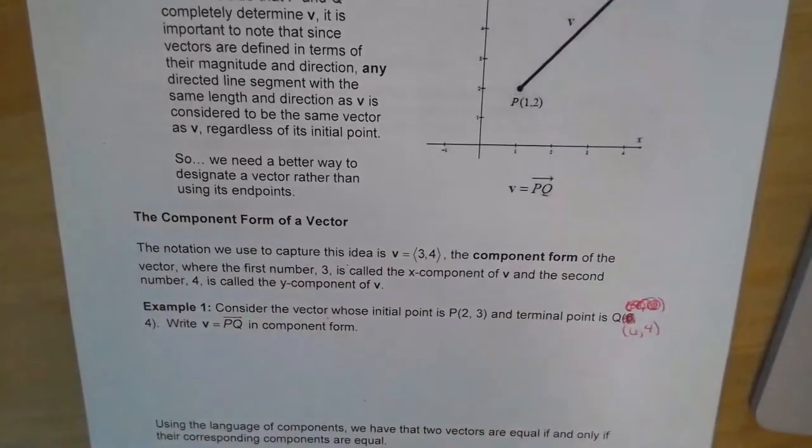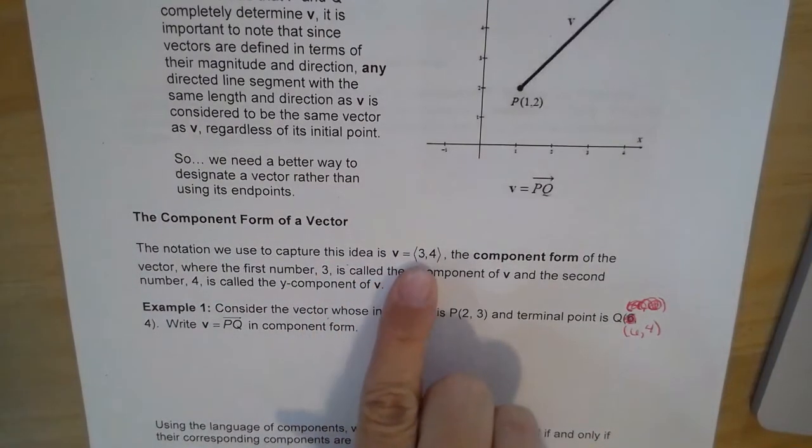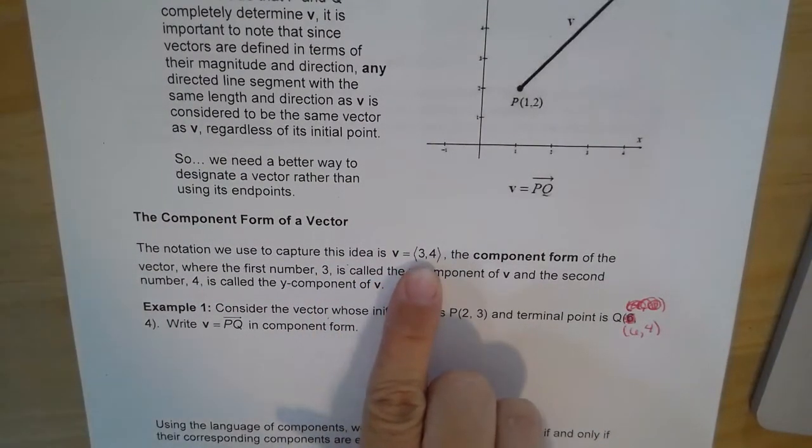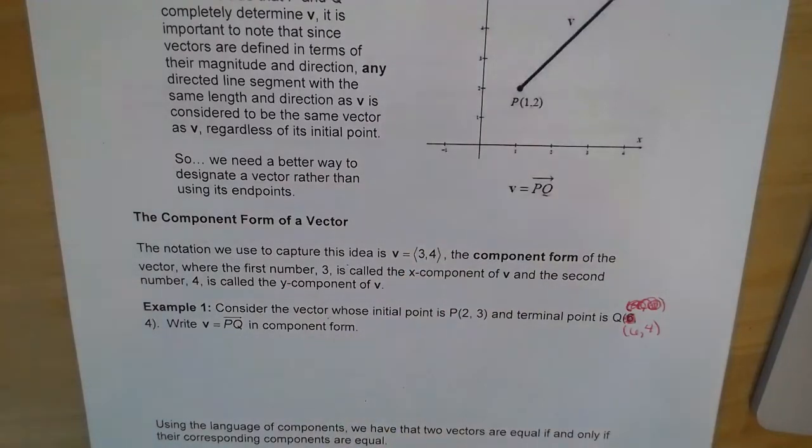Okay. So let's talk about the component form of a vector. So when we saw above the V, U, and W, that is in component form. The initial and the terminal are already considered in the vector. So we note it by V equals, and then instead of using parentheses for vectors, we use angle brackets.